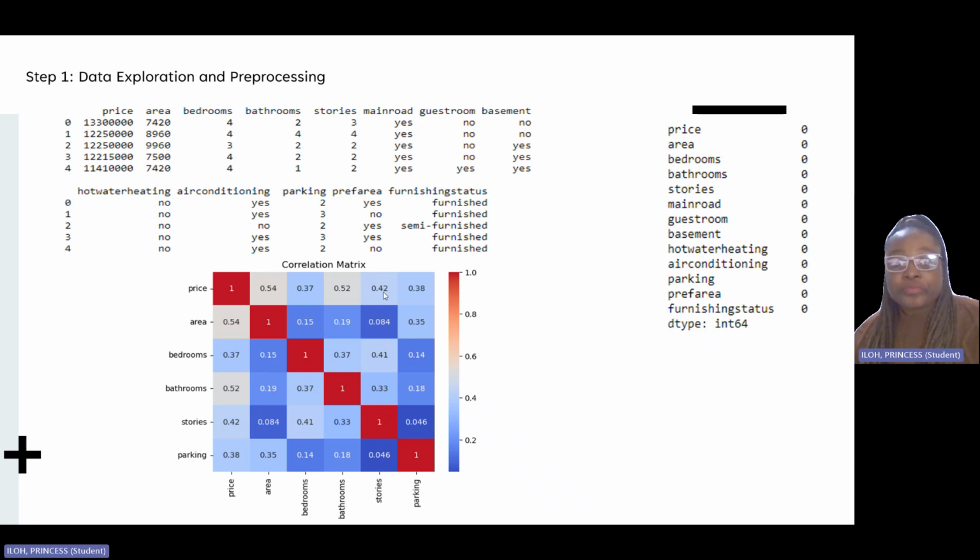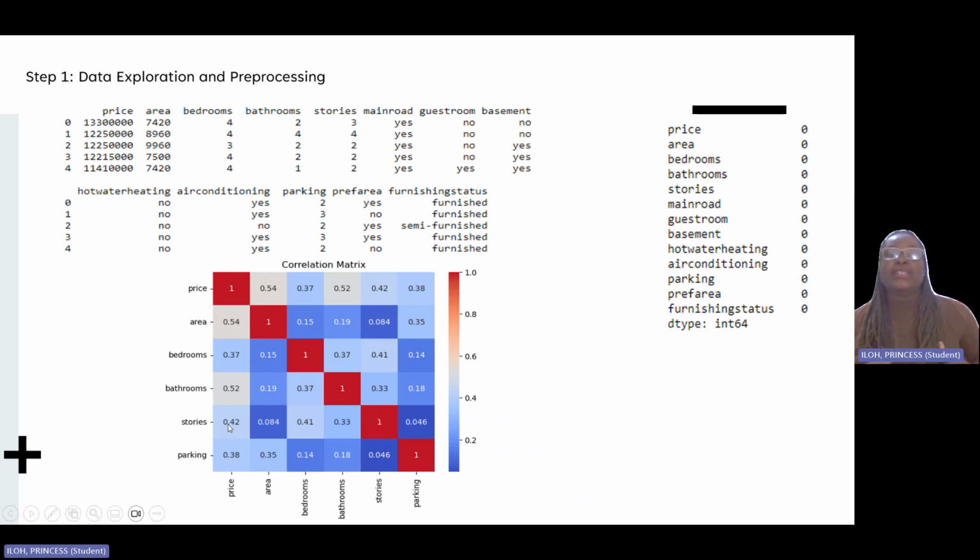So given the fact that we have our correlation matrix now, price against price will always be 100%. Area against area, 100%. But from the price here, we see that the area is 54%, the bedroom is 37, the bathroom is 52, the stories are 42, and the parking is 38.